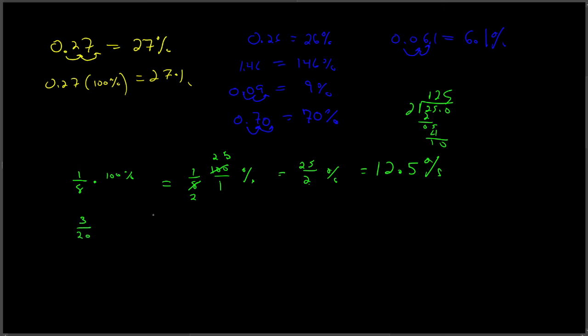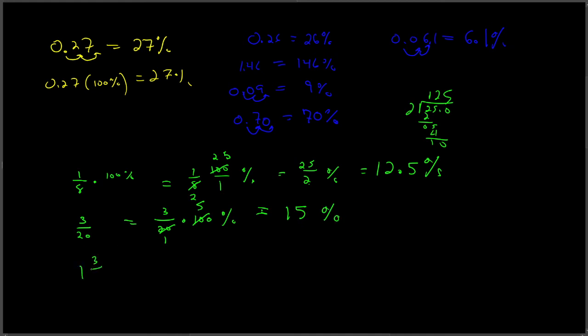Three over 20 as a percentage is 3 over 20 times 100%. 20 goes into 100 5 times, so I'm going to get 3 times 5 over 1, or 15%.